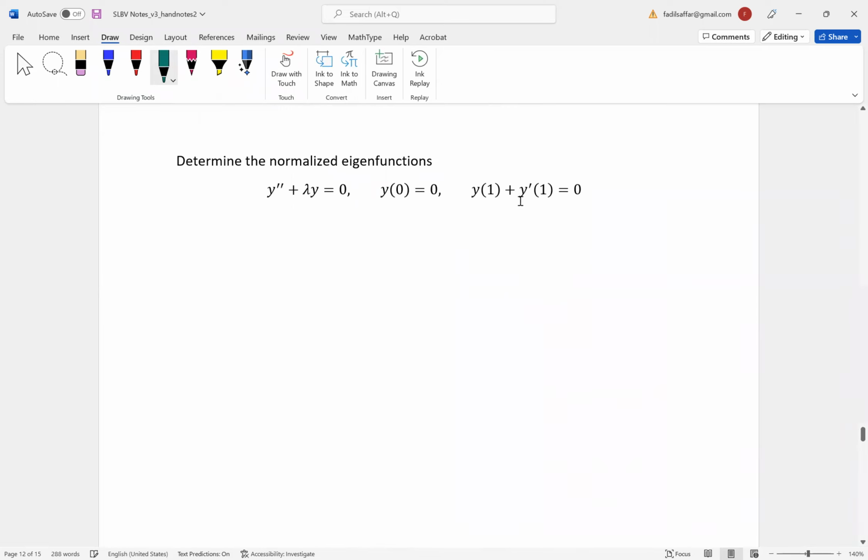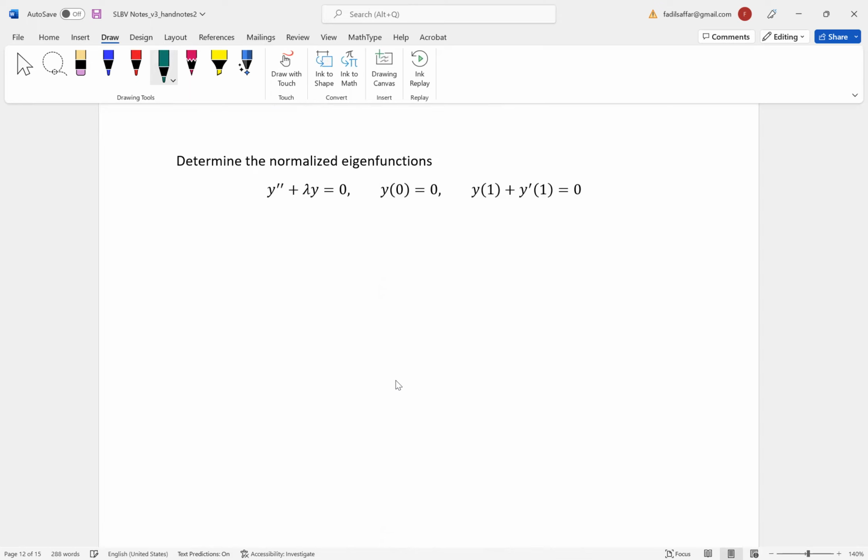So the first example is about normalizing a function. Let's assume that we have this differential equation, and it basically asks us to find the eigenfunction and then to normalize it.